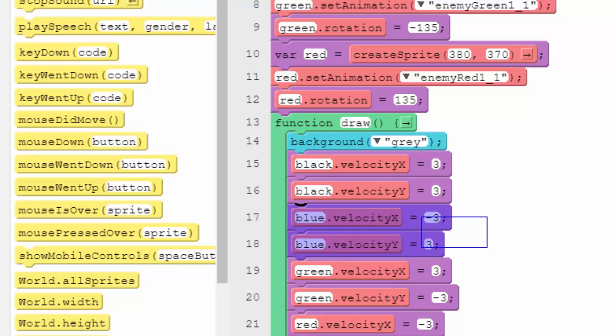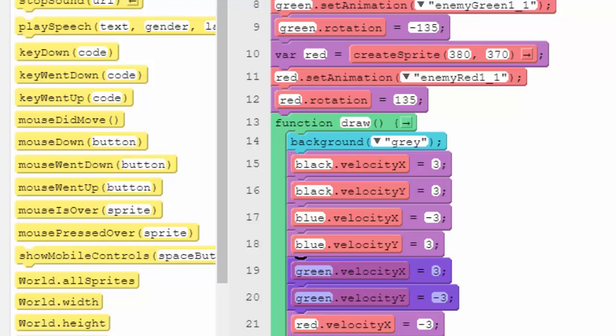For the blue one, this one's going to be going to the left and going down because the x is negative and the y is positive. And again, the blue spaceship has a velocity x and a velocity y. If you want diagonal movement, you have to have both an x and a y. For the green one, it's a 3 and a -3.